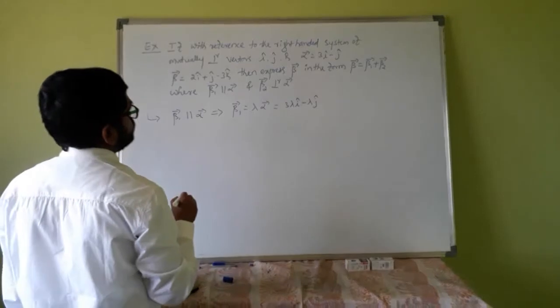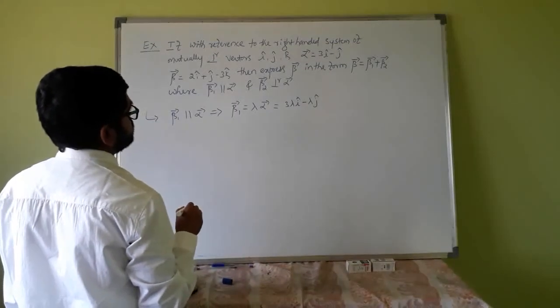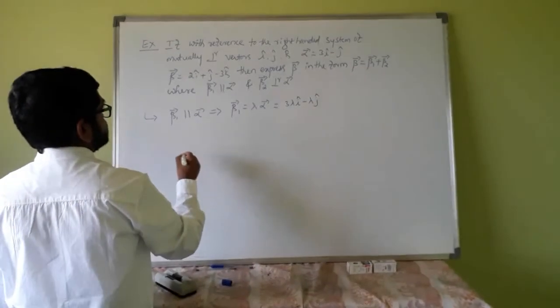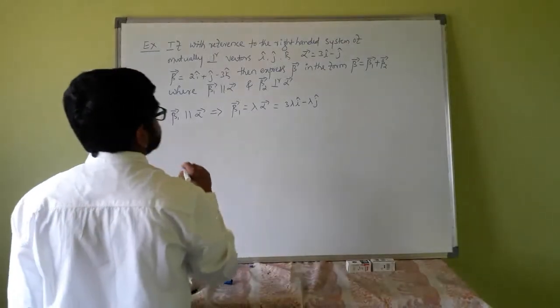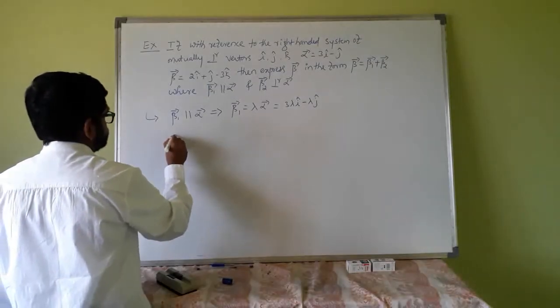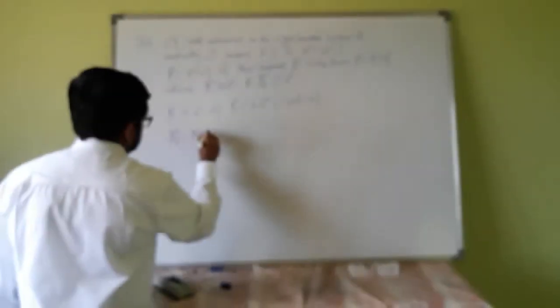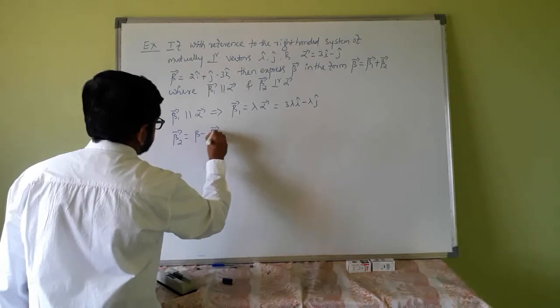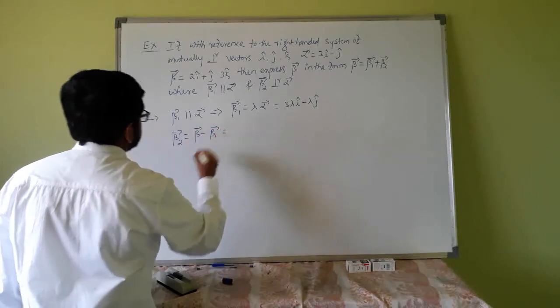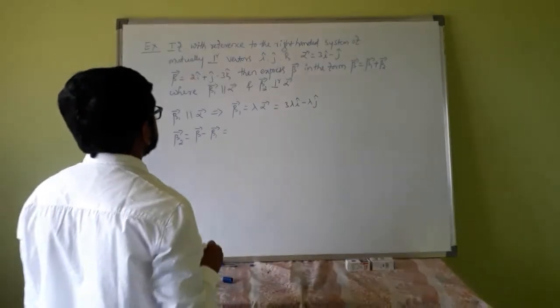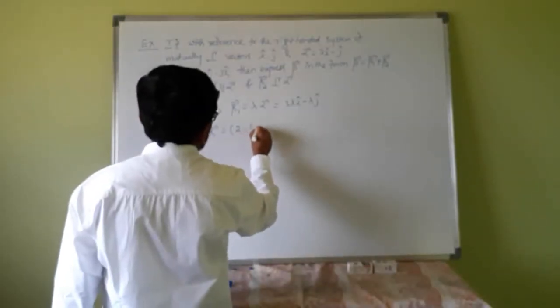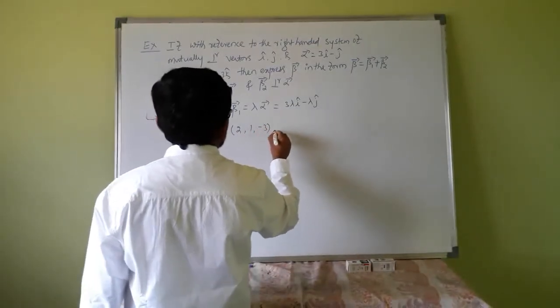Beta 2 is perpendicular to alpha. Beta is beta 1 plus beta 2, isn't it? So beta 2 is equal to beta minus beta 1. What is beta? Beta is 2, 1 and minus 3.